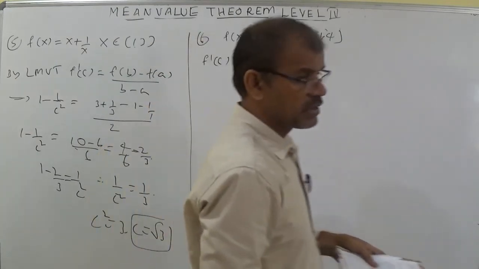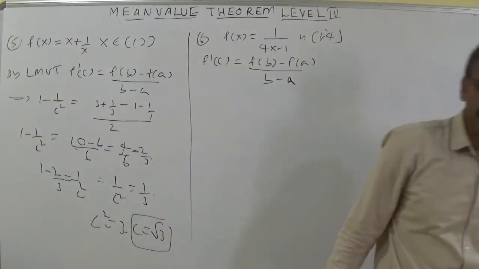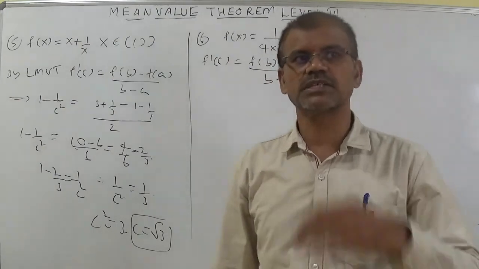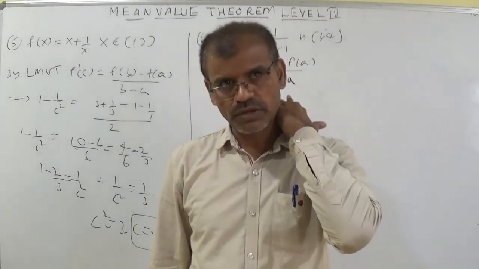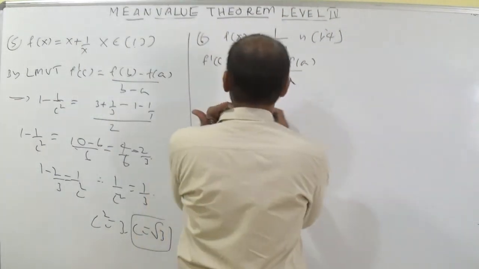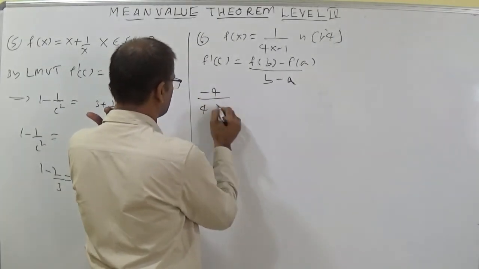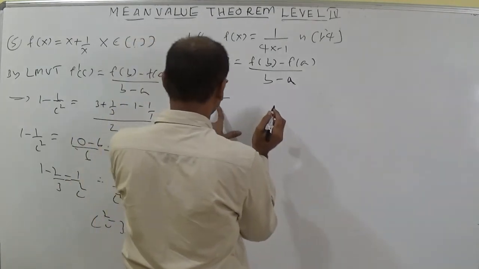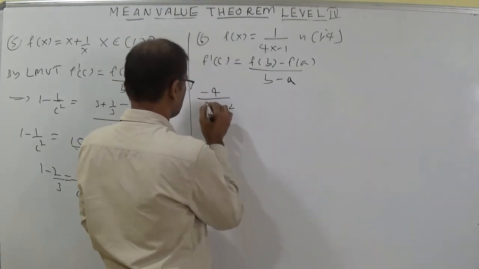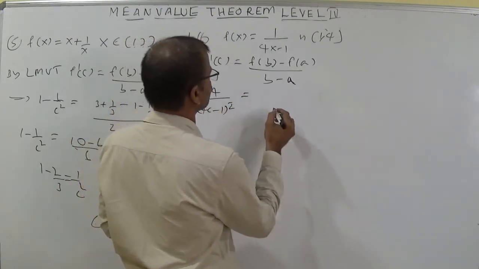What is the derivative of 1 by 4x minus 1? 1 by x derivative is minus 1 by x square, and internal derivative is 4. Here you write minus 4 by 4c minus 1 whole square.